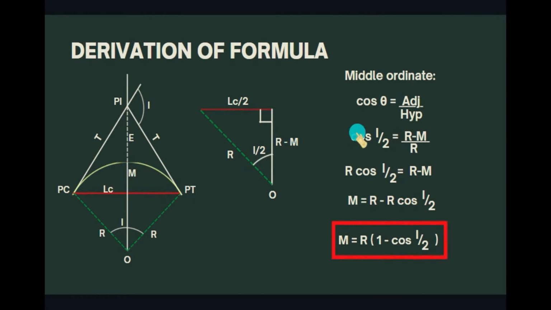So we can use the trigonometric identity of cosine, which is cosine theta is equal to adjacent over the hypotenuse.